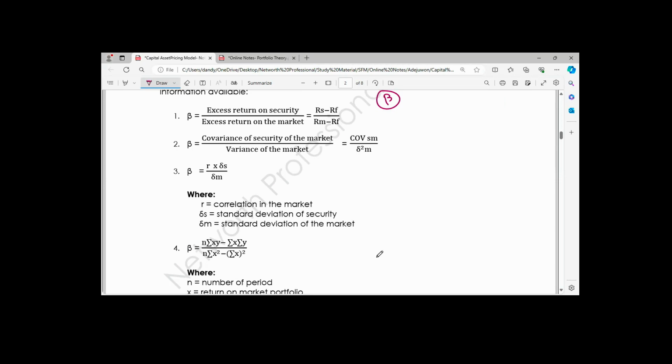Now, when you want to calculate beta value, the examiner will just present a scenario for you. They will ask you to calculate the overall risk of the portfolio, or to calculate the beta factor. All right.